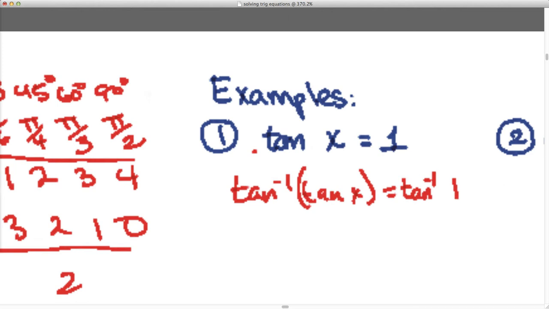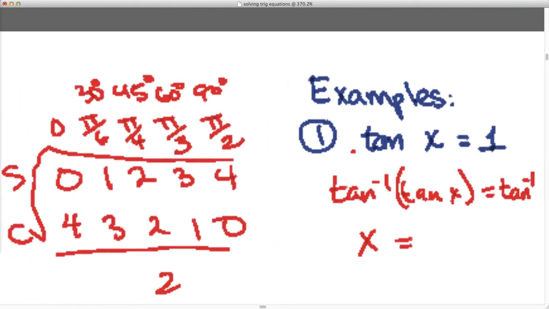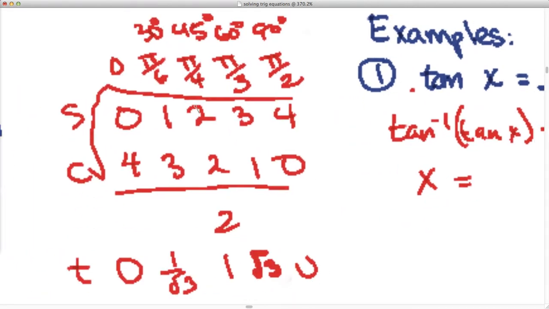What this is going to do on the left side is cancel the tan. And on the right side, you've got to ask yourself what reference angle has a tangent of 1. If we come over here, we would be right here for a tangent of 1. So that would be pi over 4, 45 degrees.